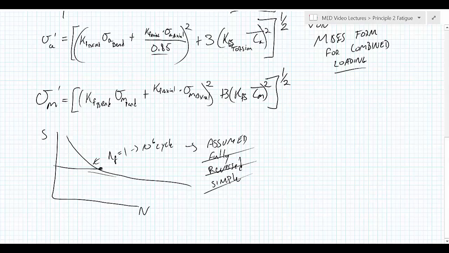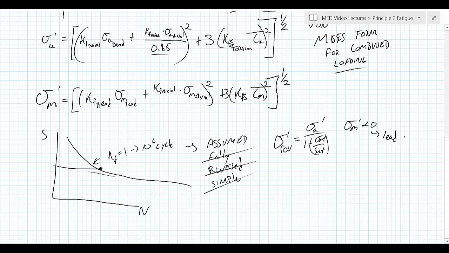So the equivalent stress to a fully reversed, we'll call this the equivalent fully reversed, is equal to sigma A over 1 minus sigma m over SUT. And then these are those primes. So that's where those come from. Now, again, just like we were talking about in the last video, if sigma m prime is less than 0, then it tends to not lead to crack formation.